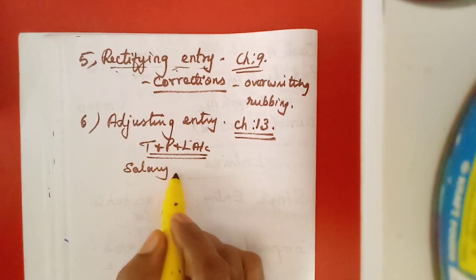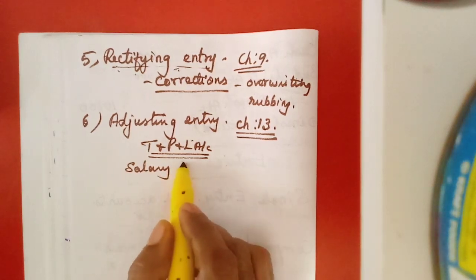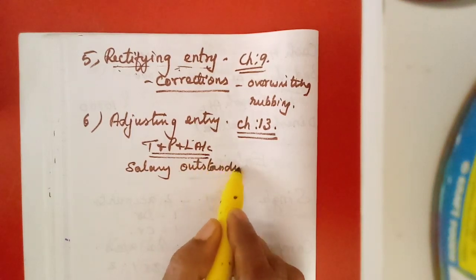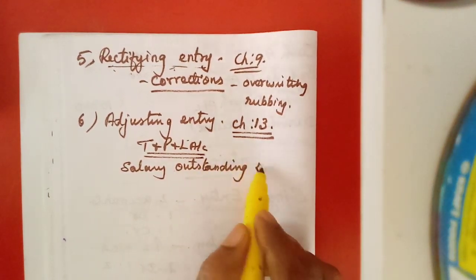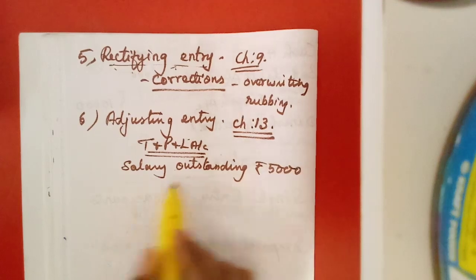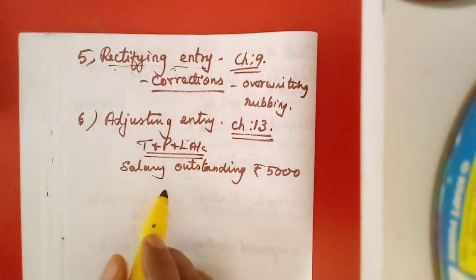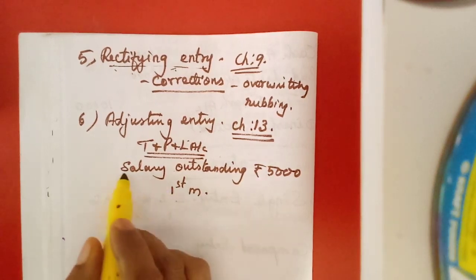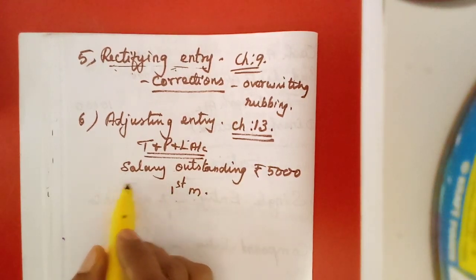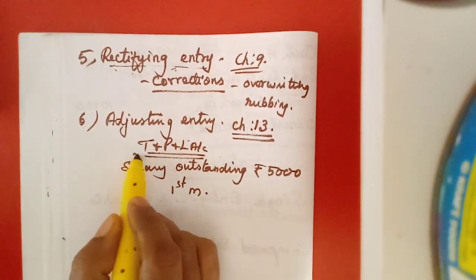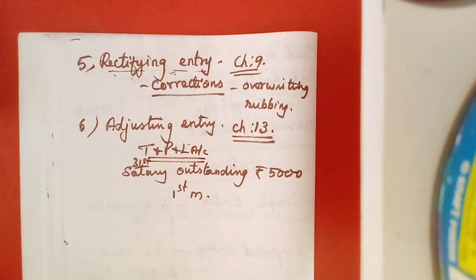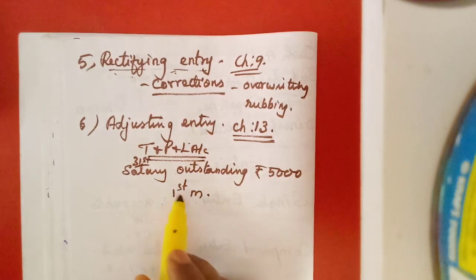I have told this example already. That is called outstanding salary, rupees 5,000. We used to pay on the first of every month, isn't it? But the salary becomes due on 31st, and we pay on 1st of the next month.